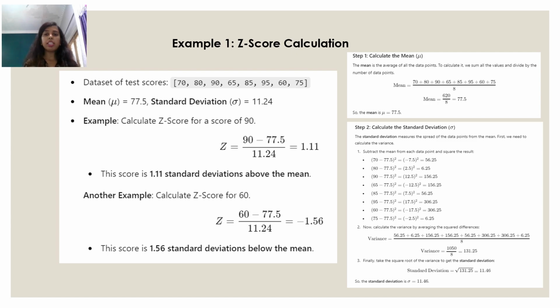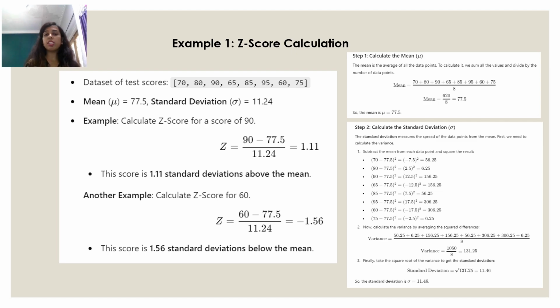And we will get 77.5 as the mean value for the test scores. Next, we will calculate the standard deviation. The standard deviation measures the spread of the data points from the mean. First, we will calculate the variance and then the standard deviation. The calculation is mentioned on the screen for your reference. We will get 11.24 as the standard deviation.